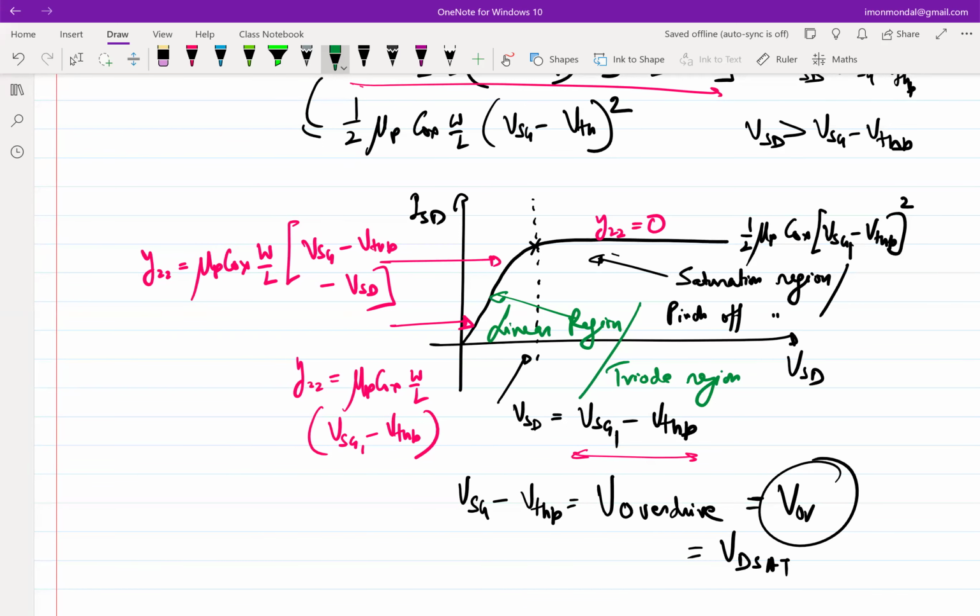So we borrowed the names. So linear region, triode region doesn't matter, but in this course, we will limit ourselves to linear region of operation just to reduce the clutter. But I'm giving you all these names because you will look into books and you will see that sometimes it's called saturation region, sometimes pinch off region, sometimes triode region. There's a likelihood of getting confused. Just don't get confused. In this course, we'll be limiting ourselves to the terminology of saturation region and linear region. That's all.